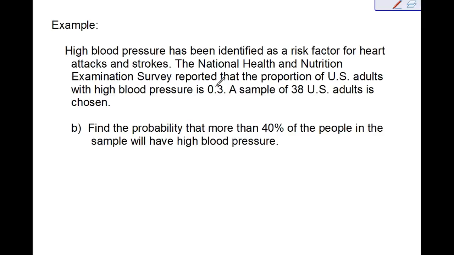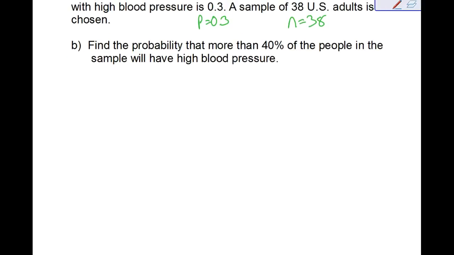Looking at this same example where our p is equal to 0.3 and our n is equal to 38, we want to find the probability that more than 40% of the people in the sample have high blood pressure. Well, in order to do that, we need to find our mean and our standard deviation.